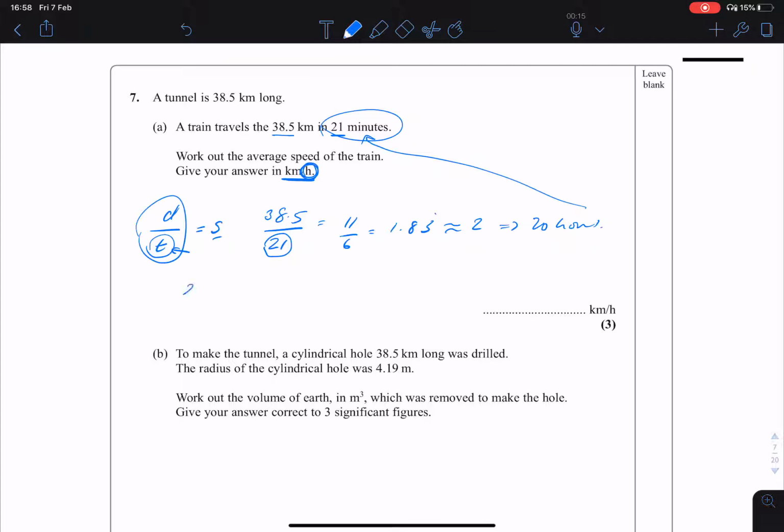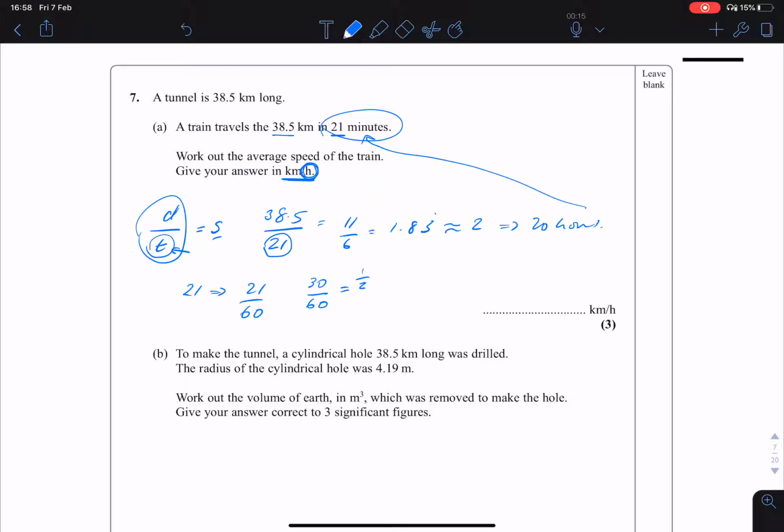Well, 21 minutes to hours is 21 divided by 60. I'll explain why. If you had 30 minutes, that's half an hour. 30 divided by 60 is the same as a half. Right? They're equivalent fractions.